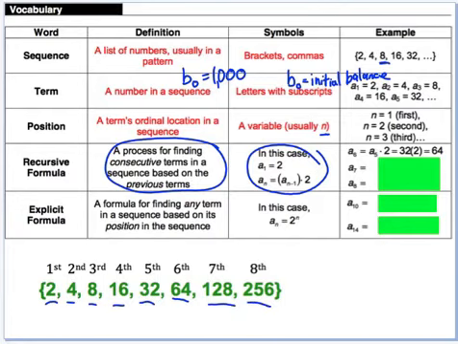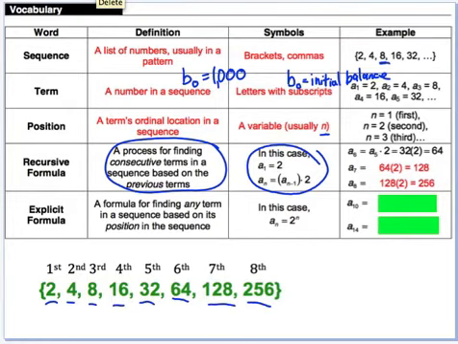So if we have a problem that asks what is the 7th term, we would just say it was 64 times 2, which is 128. When we're looking for the 8th term, we would say it's 128 times 2, or 256. All right, so that's recursive, using your previous term, doing the math to get the next term.